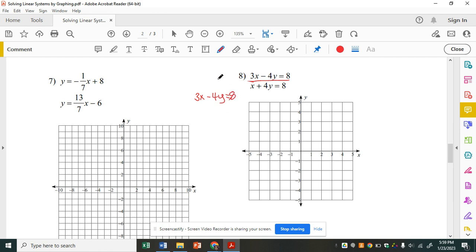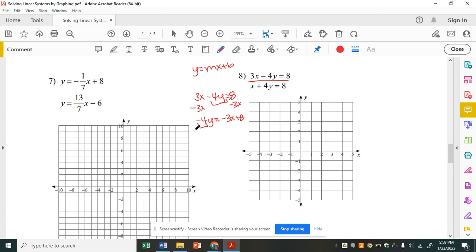If I wanted to get this in slope-intercept form, remember that's y equals mx plus b, I need to isolate the y by first getting rid of the 3x. I have to subtract it since it's positive, so I get negative 4y equals negative 3x plus 8, right? Because the 8 was positive.